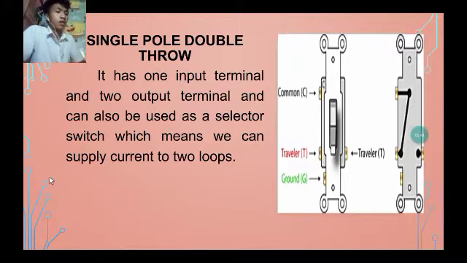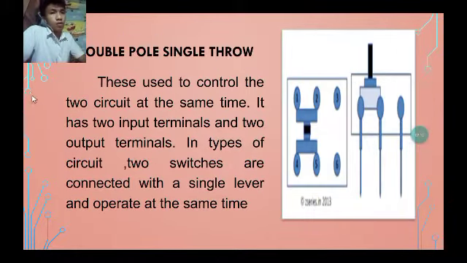So ito rin, kadalasan ginagamit itong pang mga different location, pang two location. So particularly a three-way switch. As you can see, there's a traveler and traveler 2. So sa three-way, 1 and 3, and yung common naman, is C. So next, double pole single throw.